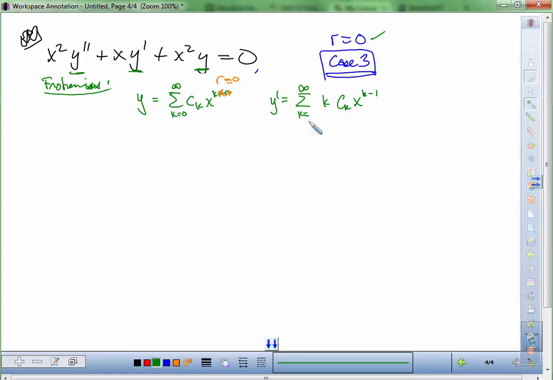I guess in this case, since r is equal to 0, that's also going to be the case. But normally, we want to keep the index the same, because in case r was not equal to 0, we have a k plus r here that we would put down as a coefficient. And this would be k x to the k plus r minus 1.